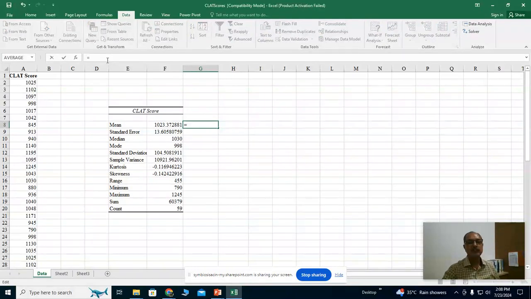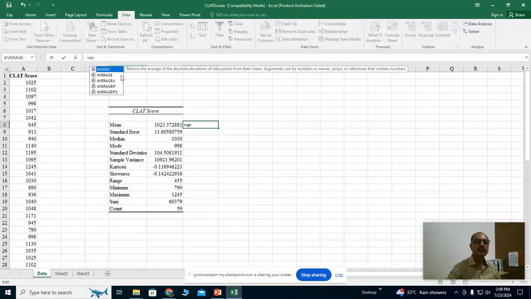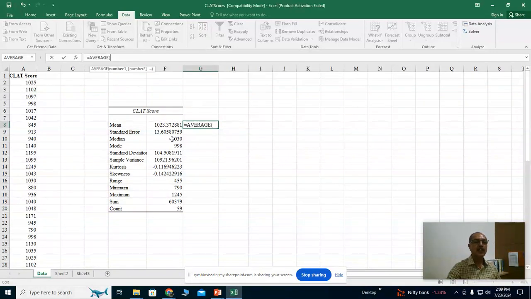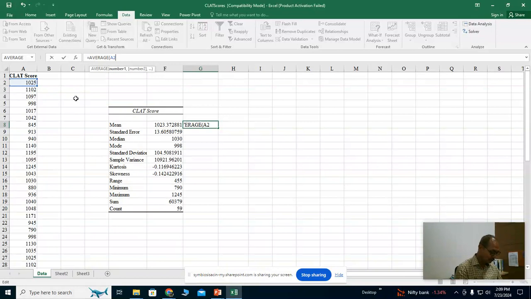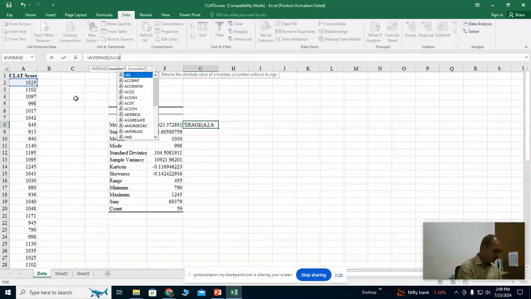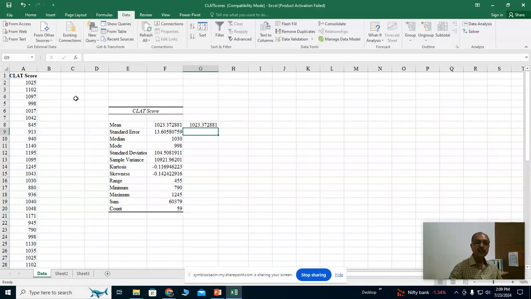After putting the equal sign, to calculate the mean you write AVERAGE here. Select it, and again you need to provide the information where the data is located. As you know, the data is located A2 to A60. Just write A60 and then press enter. So you can see the mean value is calculated.